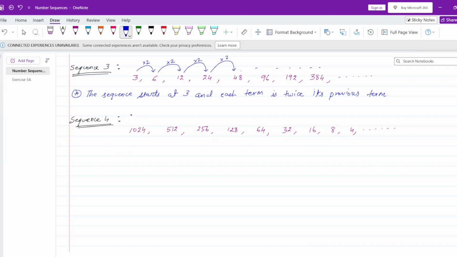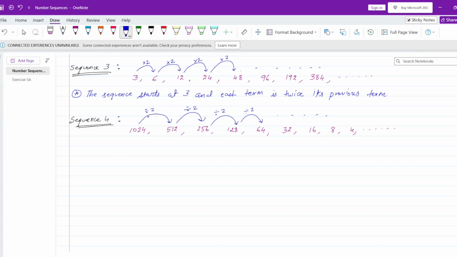The pattern that we see here is, if we divide 1024 by 2, we get 512. If we divide 512 by 2, we get 256. If we divide 256 by 2, we get 128. If we divide 128 by 2, we get 64, and so on.